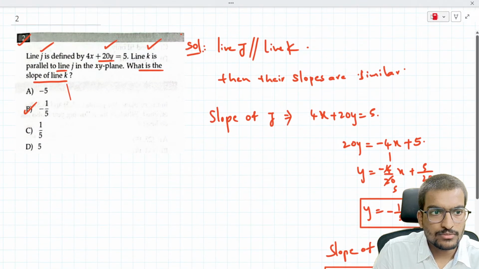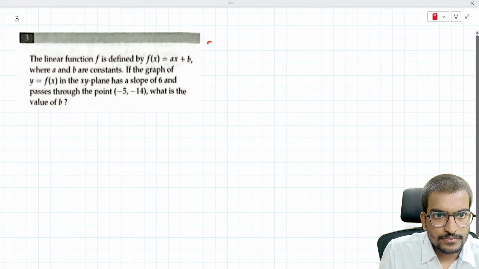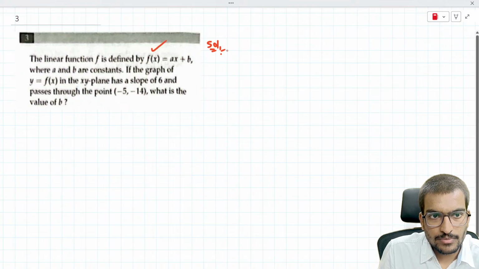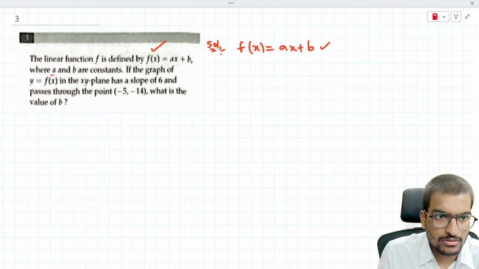Yes, thank you. Moving to the third one. The linear function f is defined by f of x equals ax plus b, that is one equation, and a, b are constants.